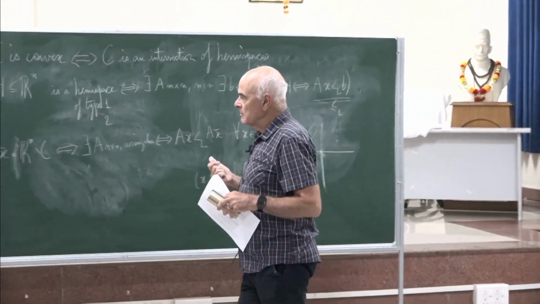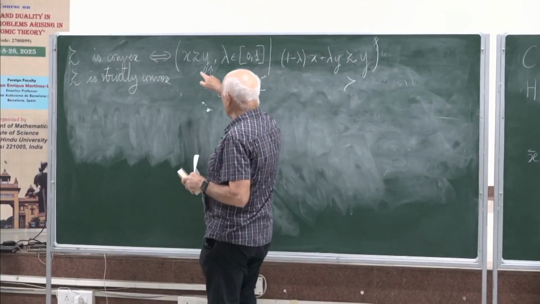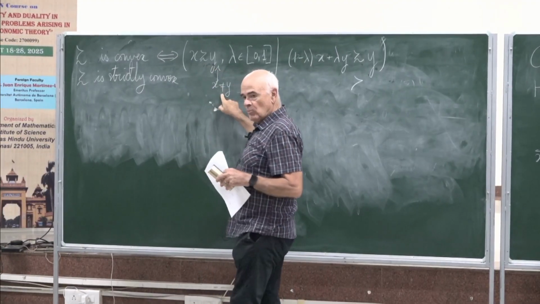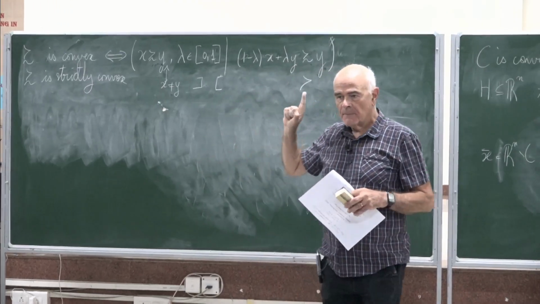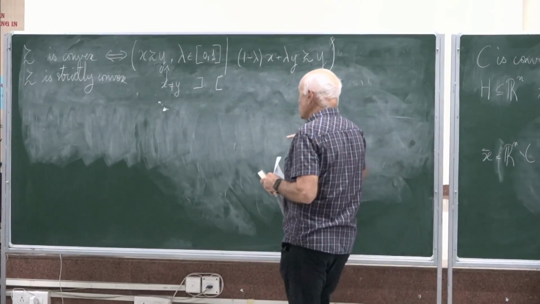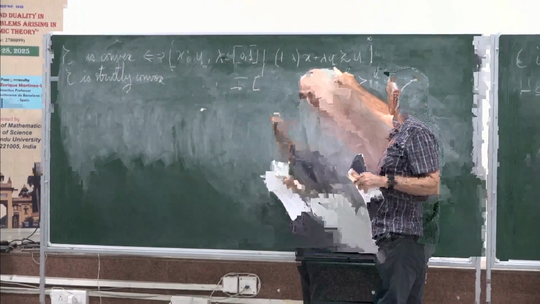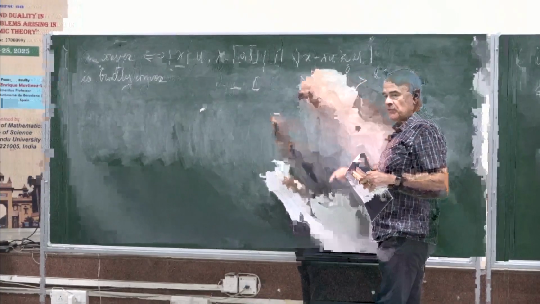Okay, so a preorder is strictly convex whenever you have x preferred to y and different from y. I'm not saying indifferent, I'm saying different. They may be indifferent. Then for lambda between 0 and 1, a convex combination is strictly preferred to y.